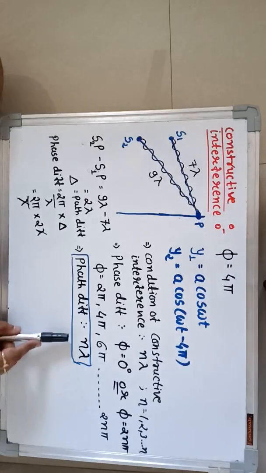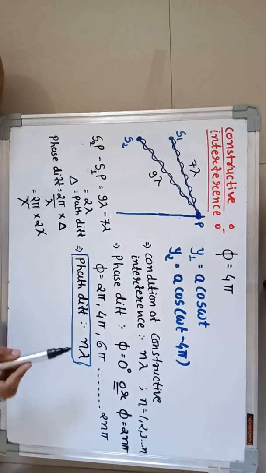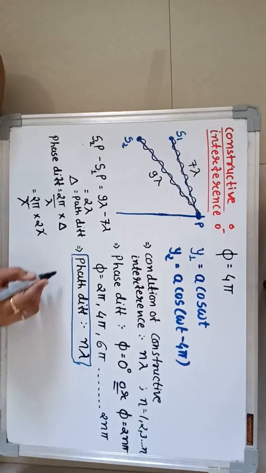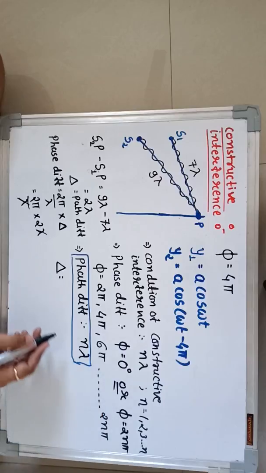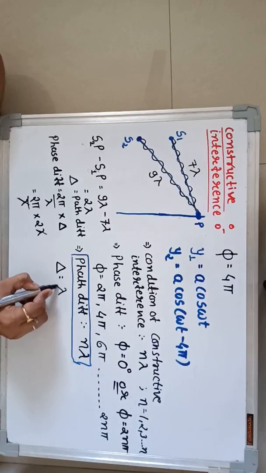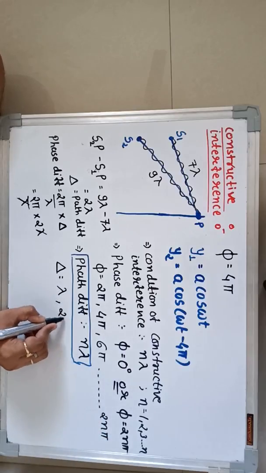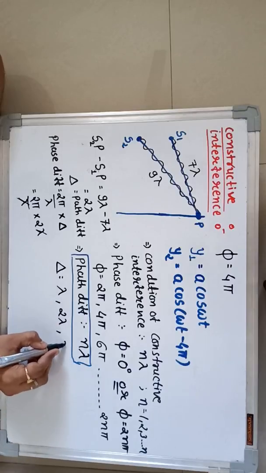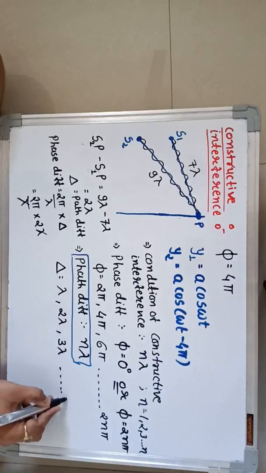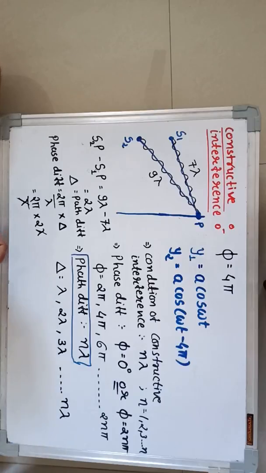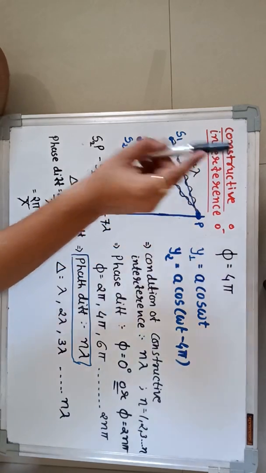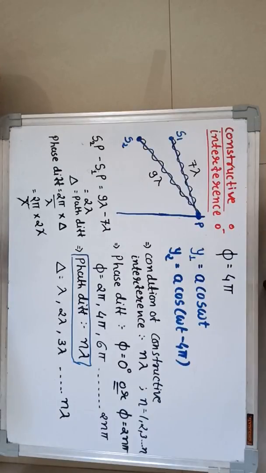In this we put all the values of n. So delta is equal to: we put 1, it is lambda, we put 2, it is 2 lambda, we put 3, it is 3 lambda, and up to n lambda. So each and every point which has the path difference lambda, 2 lambda, 3 lambda up to n lambda gives constructive interference.